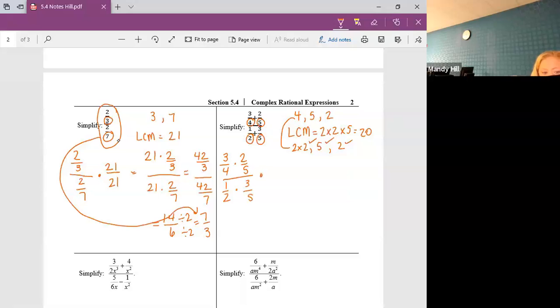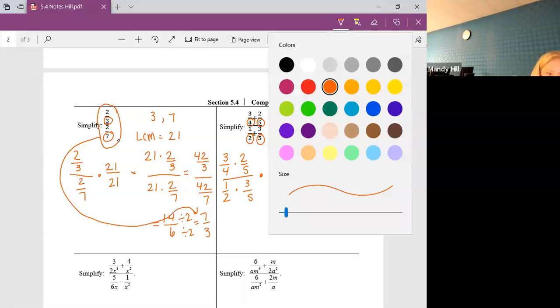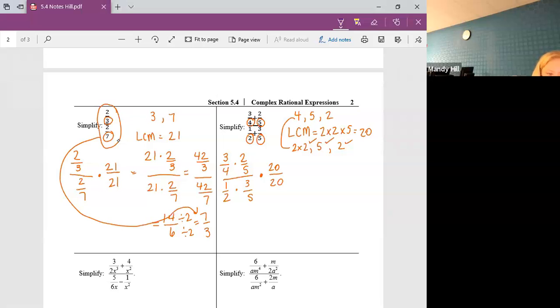And you want to multiply that by the common denominator, or the least common multiple, over itself. So we're going to take every single one of these terms and multiply it by 20. Okay, that's going to get me 3/4 times 20.